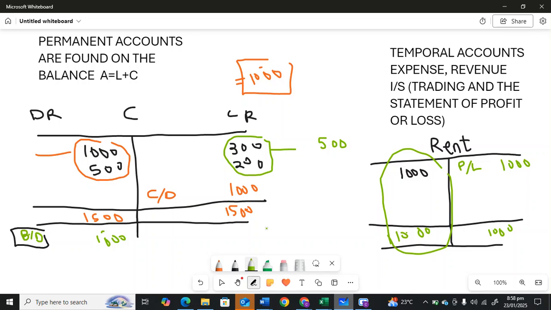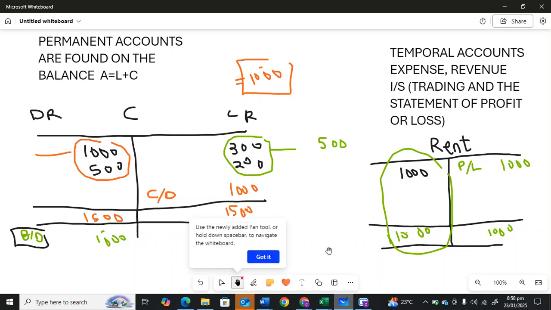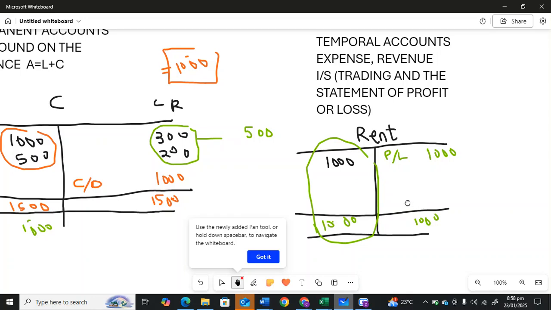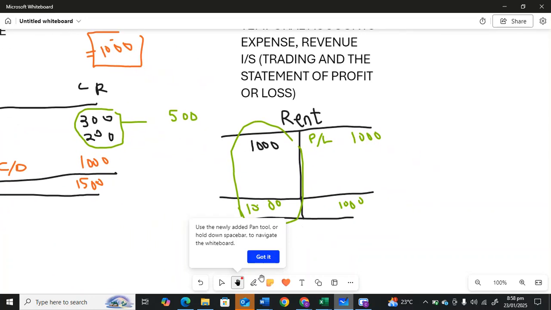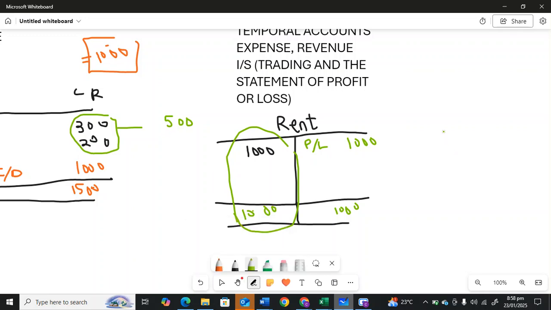If, for example, this was the return inwards account, and let's say we have here 100, 200, and 300.